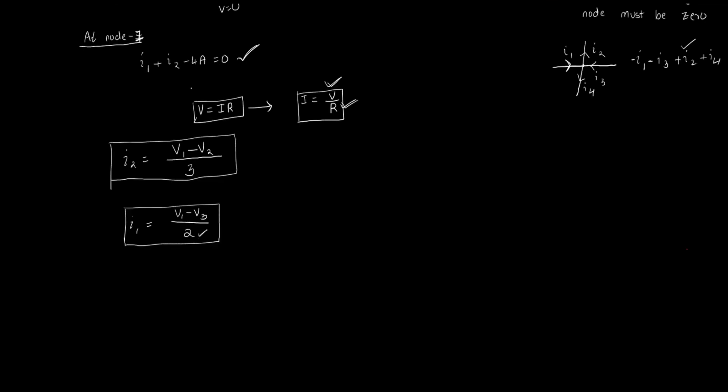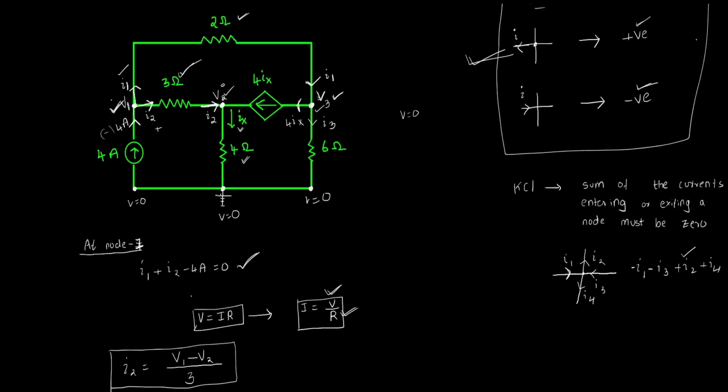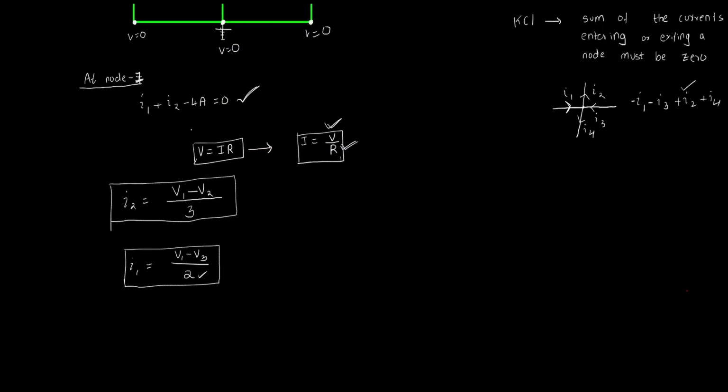Here we took the resistor as 2 because the branch connecting V1 to V3, where the current I1 travels, is through the 2 ohm resistor. So from Ohm's law, I equals V by R, we took R as 2 ohms.